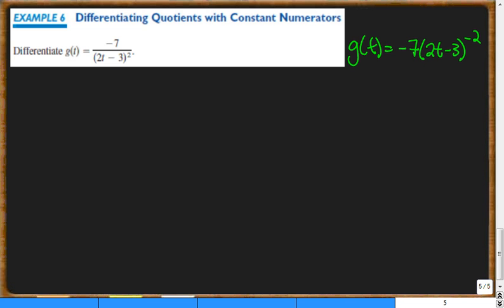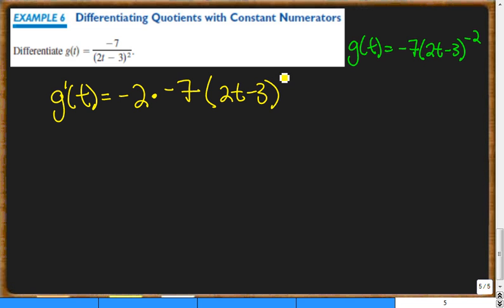So when we go through and find the derivative, the negative 2 comes down, but I also multiply by negative 7, and I still have my (2t minus 3) to the negative 2 minus 1. But then I still have to multiply by the derivative of the inside function.